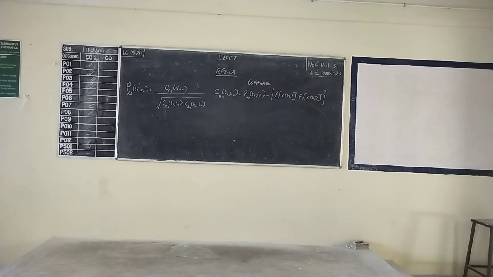So, take your next one. Again, you are going to take similar formulas, but you are going to write it for cross. The formula now is very easy. You remember the formulas for auto. What are the things you have discussed in auto? The first one I gave you was autocorrelation, next one covariance, then correlation coefficient.